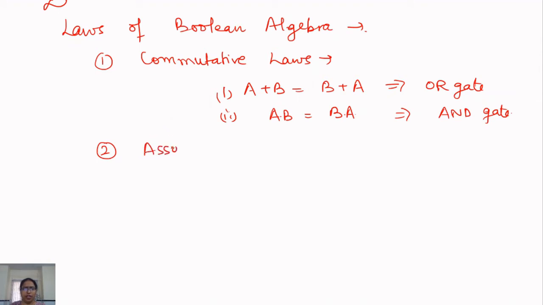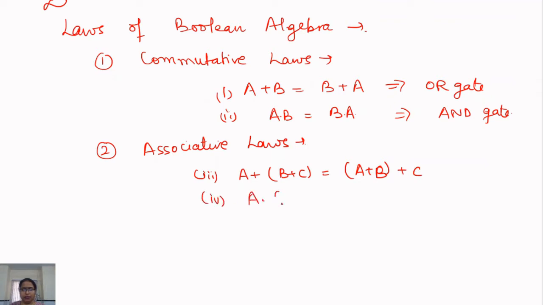The second one is the associative law. The associative law states, number 3, A plus B plus C is equal to A plus B plus C grouped differently, and the fourth one is A dot B dot C is equal to A dot B dot C grouped differently. This one is for the OR gate and this is for the AND gate.